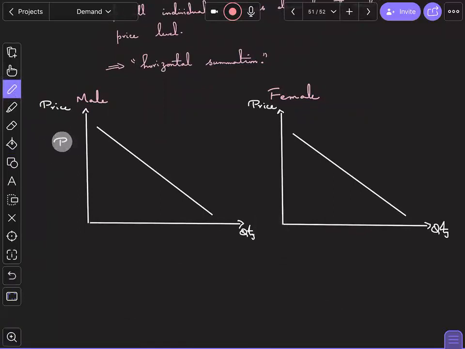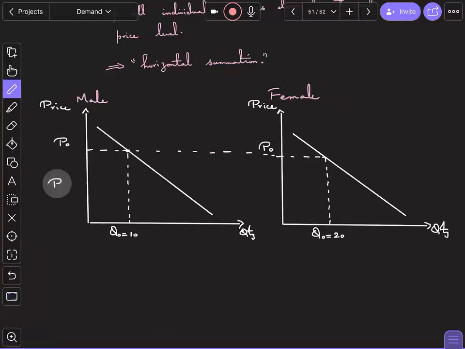So let's say when the price was P naught, males were demanding Q naught quantity, which is, let's say, 10. And at the same price, females were demanding more quantity. Let's say their Q naught was 20.